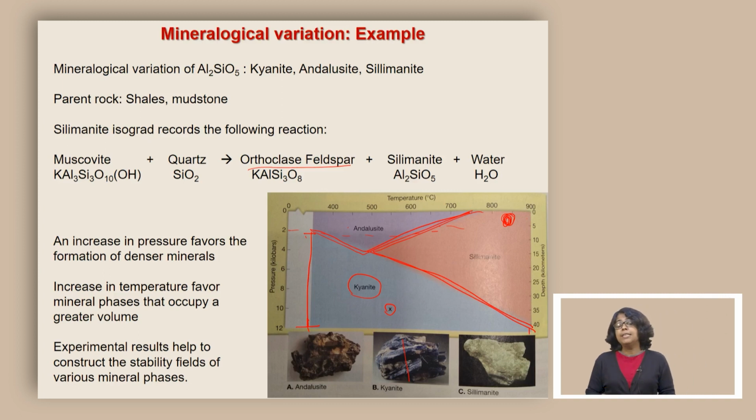So, this also tells us that just by finding one mineral is a good indication of a certain temperature pressure zone, but if we want to narrow it down even further, it is better to have multiple such mineral associations so that we can be more precise about the temperature pressure condition.